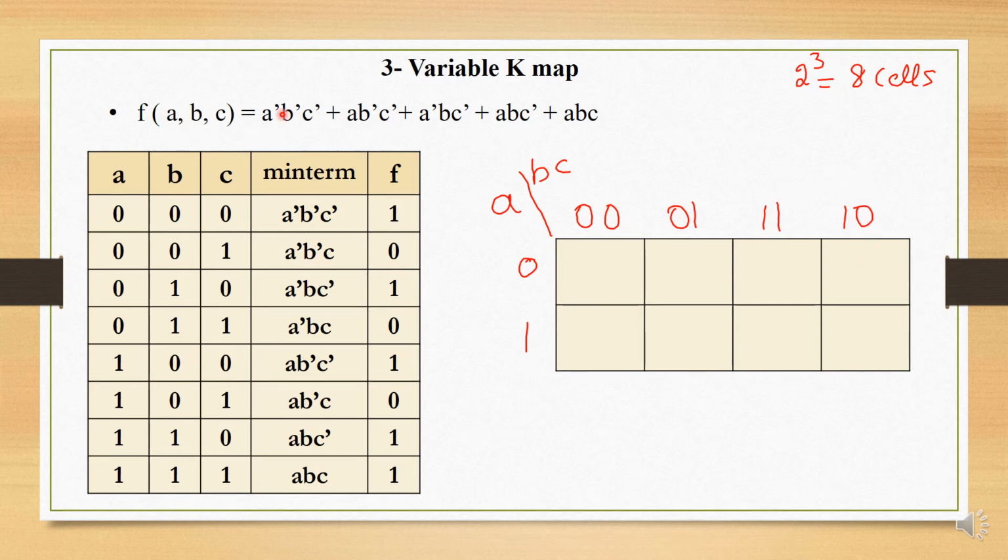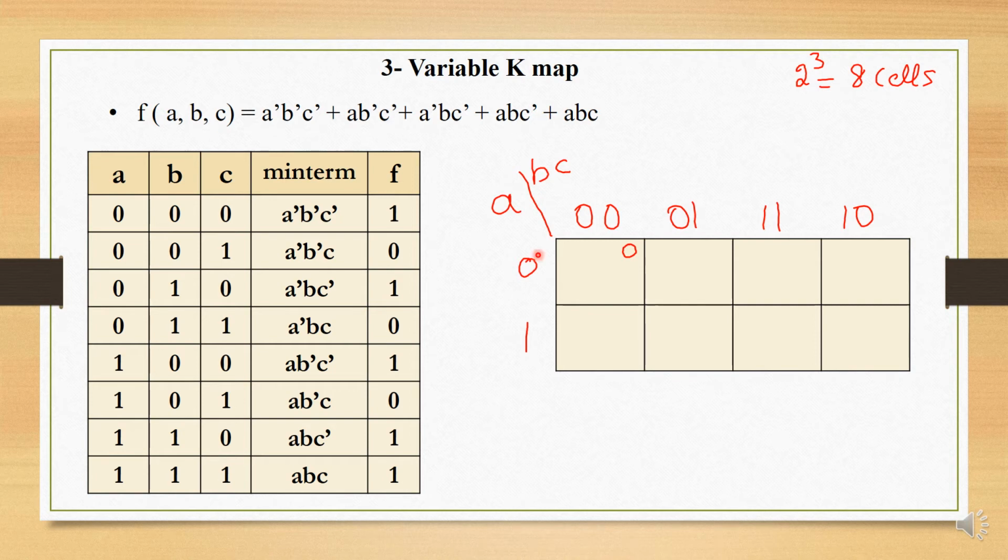Now let us represent the 3 variable function given here in the K-map. For the combinations given in the Boolean function, we will place logic 1. Before we place logic 1s in the K-map, we just write the cell numbers. We have cell number 0 here for combination 0, 0, 0.